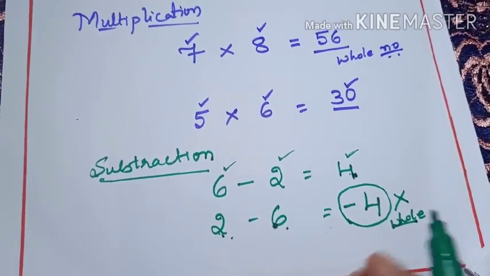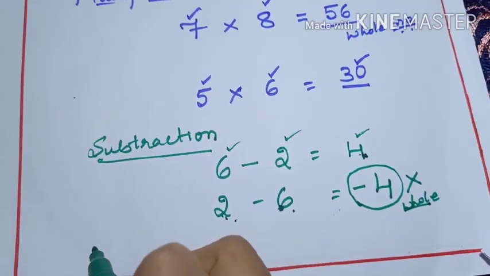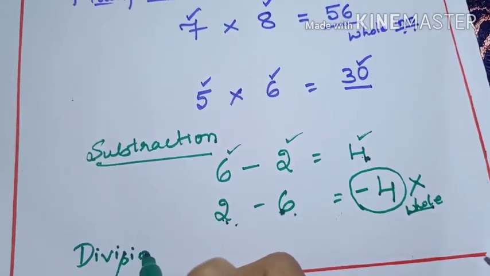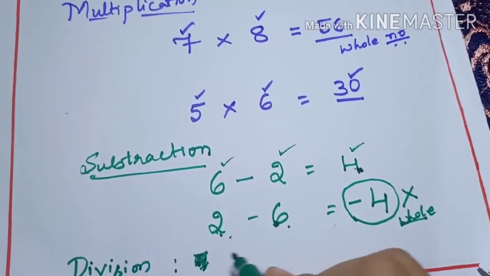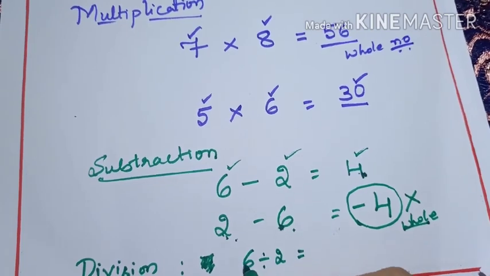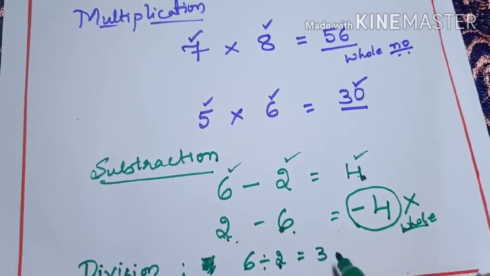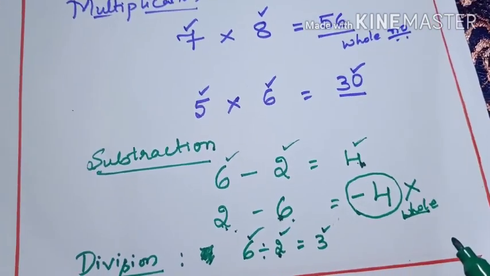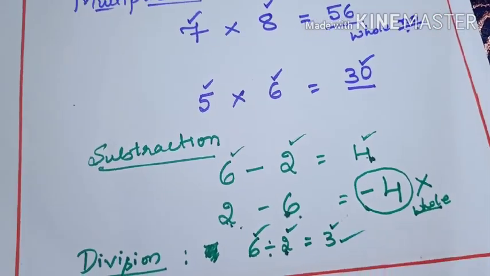In the same way, let us take an example for division. 6 divided by 2 is 3. 6 is a whole number, 2 is a whole number, 3 is also a whole number. Here it satisfies.